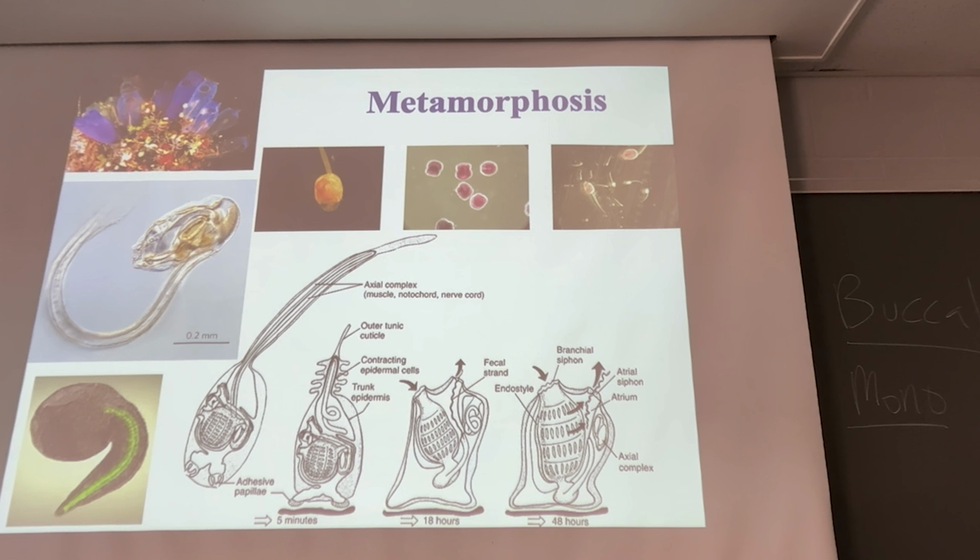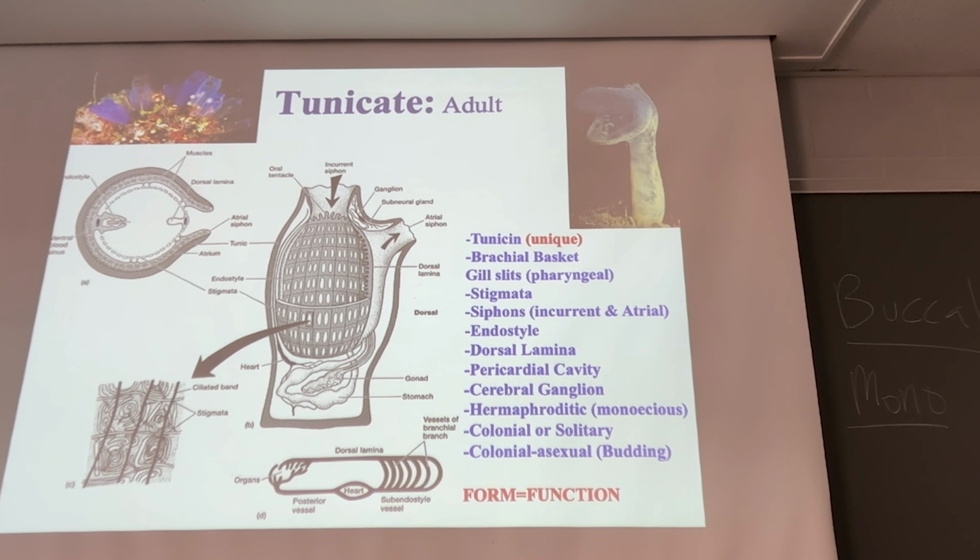It's a pretty good strategy if you're a benthic organism to be able to clone yourself like that. So you don't put all of your eggs in one basket, right? Especially the ovaries, if you think about it. All right, so all of the same structures that we talked about.